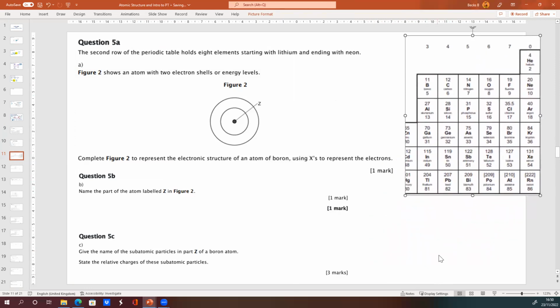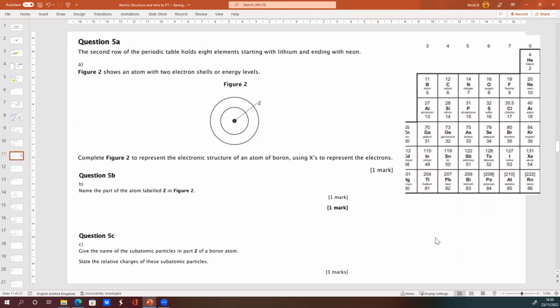So boron is there. So for part B, it just simply says name. So you just need to put the name of it, just 1 mark, and then 5C is give the name of the subatomic particles that are in part Z and their charges, and that's worth 3 marks.